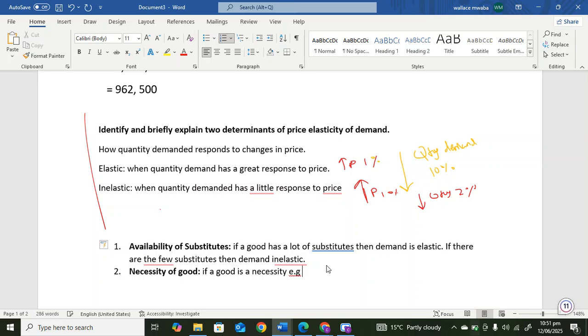Demand will be inelastic. Why? Because even though you increase the price of that good, the person still needs that good to survive, so they'll still have to buy. It's a life or death situation in this example. So if a good is a necessity which you need to survive, demand will be inelastic.